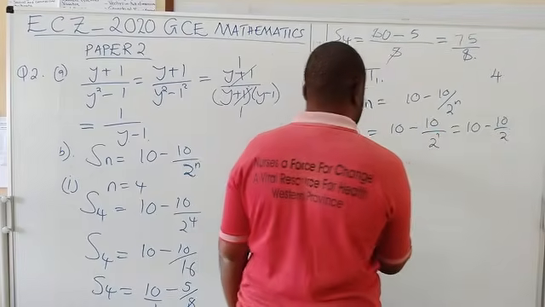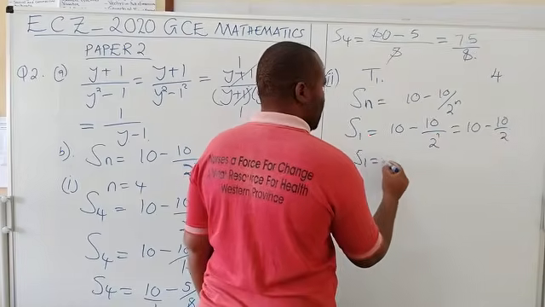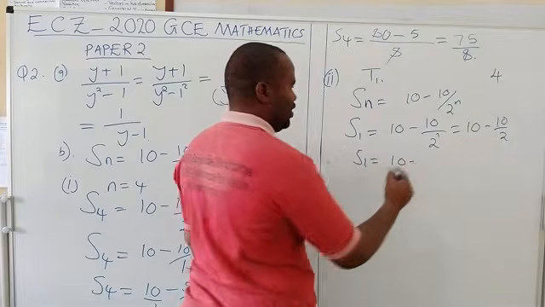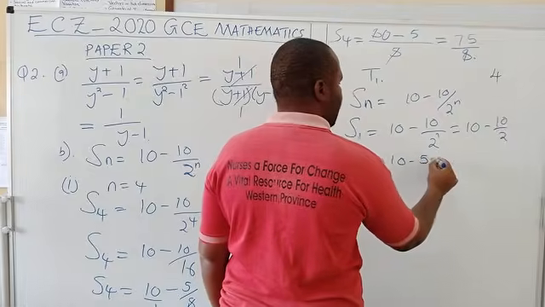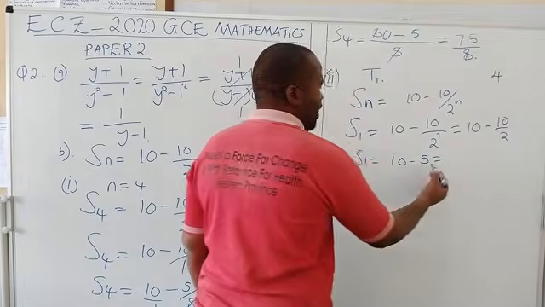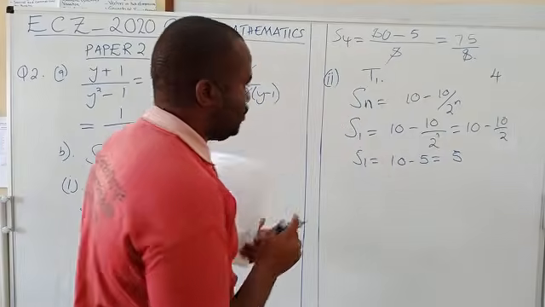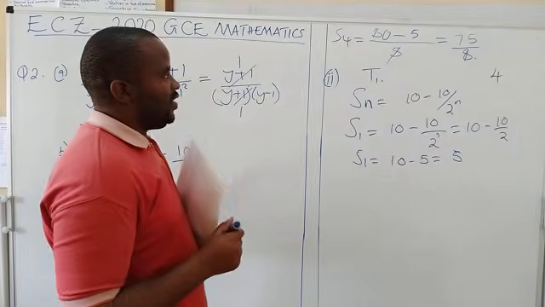So S1 is equal to 10 minus 5, which is 5. That is our first term.